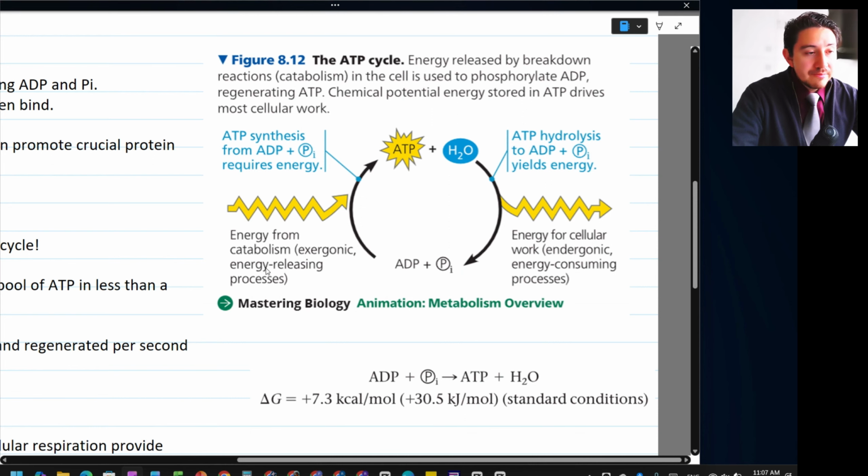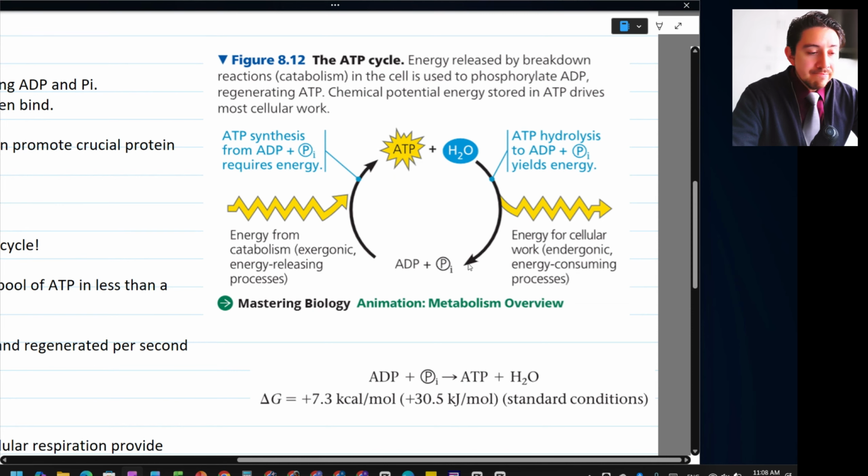Cell respiration will energize and enable the inorganic phosphate and ADP to produce ATP. Also a product of that is water. But you can also use water to hydrolyze ATP, releasing energy for other cellular work, ultimately creating ADP and inorganic phosphate. So these reactions are always cycling between each other.